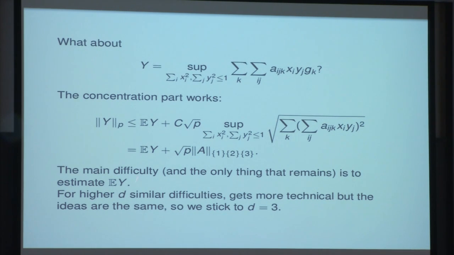There are more terms that appear, which you have to take care of, but after some change of notation, they are of a similar nature. So it does get more involved also at the technical level, but the main ideas are the same.